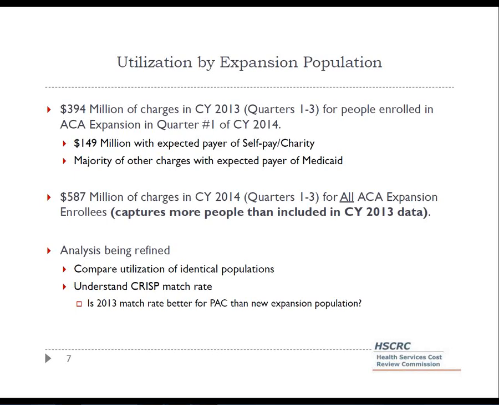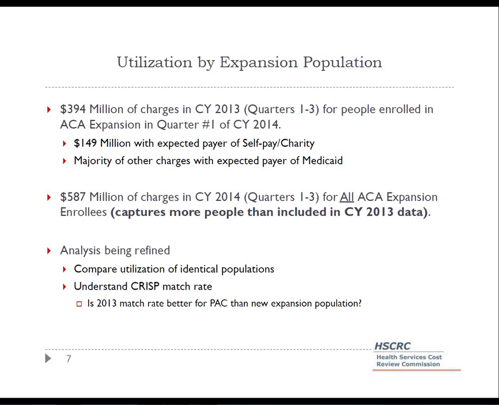So whether you were enrolled for the whole 3 months or for a day, they took all those people and looked at what their calendar 2013 hospital charges were. We're showing the first 3 quarters of 2013 here, and they identified almost $400 million of charges for those people in the first 3 quarters of calendar 2013.